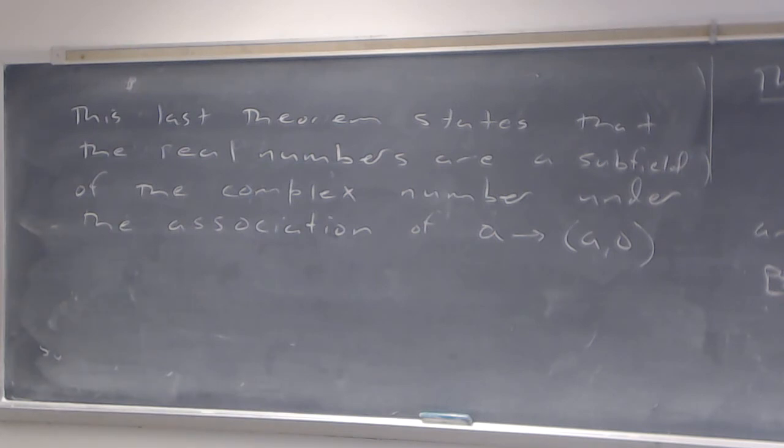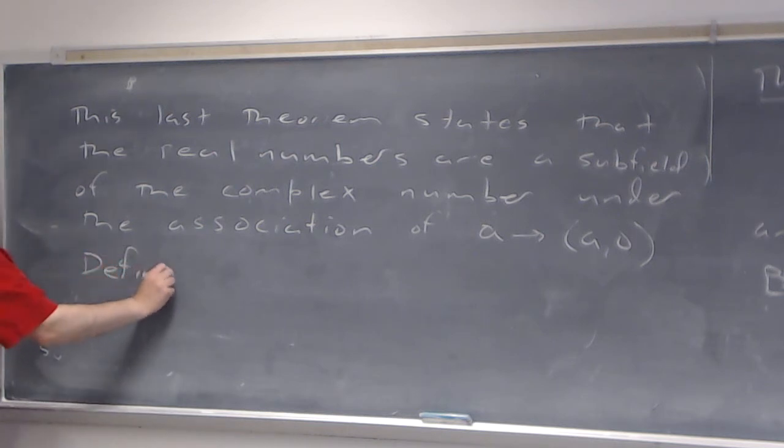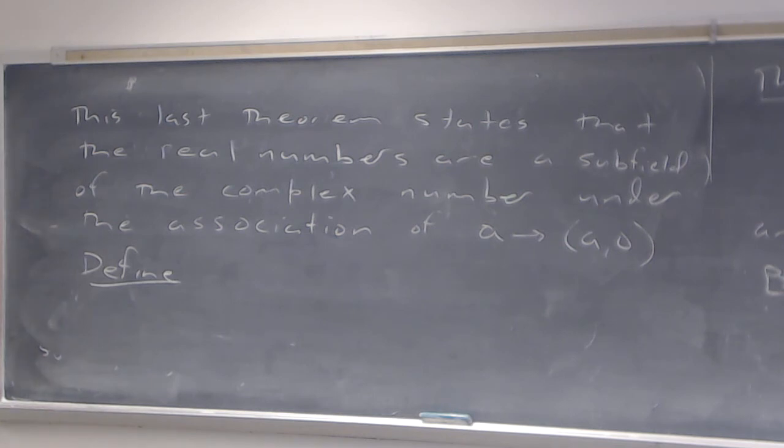Okay. The next thing is, when we talk about complex numbers, most of the time we do not see it in our beginning stages of mathematics as this two-tuple (A, B), where A and B are both real. We normally see it as A plus BI.